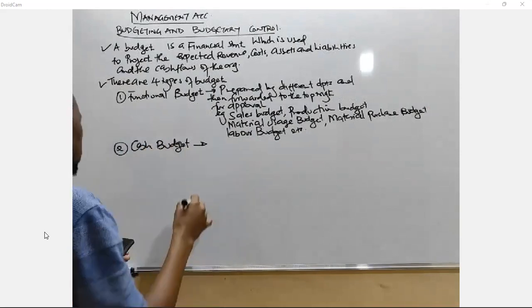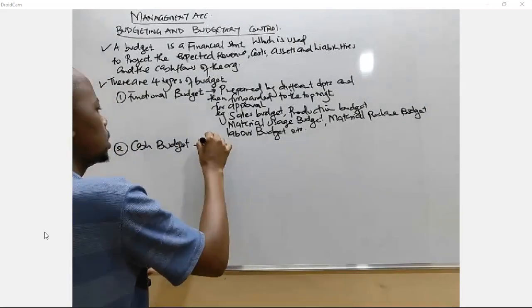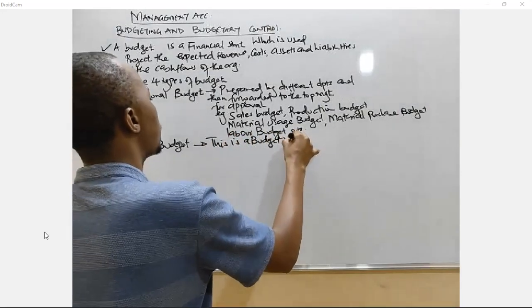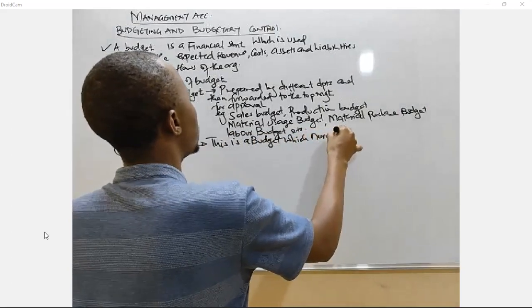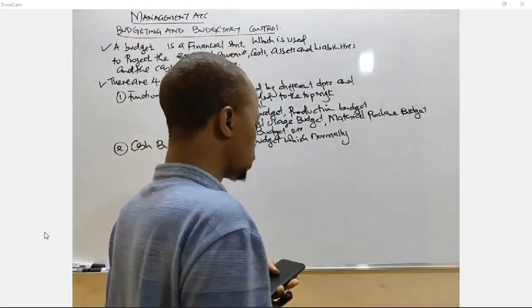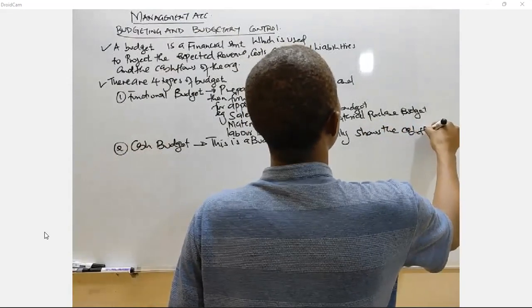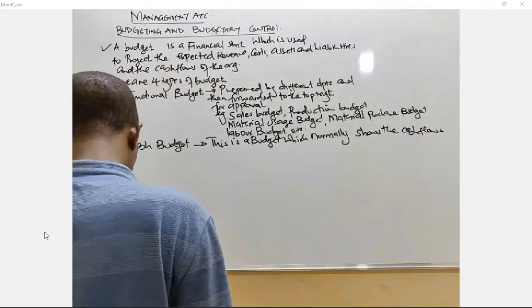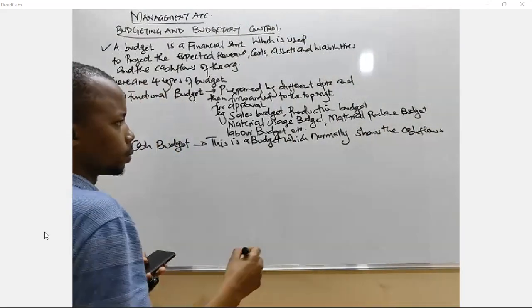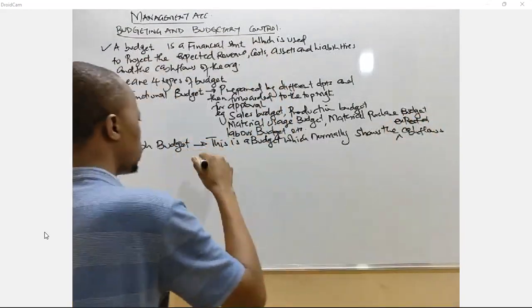A cash budget is a budget which normally shows the expected cash flows of the organization.